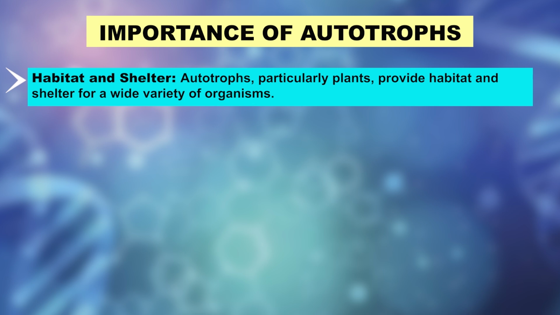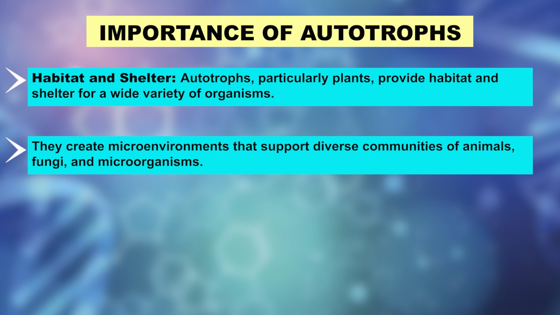The next importance is habitat and shelter. Autotrophs, particularly plants, provide habitat and shelter for a wide variety of organisms. They create microenvironments that support diverse communities of animals, fungi, microorganisms and everyone.